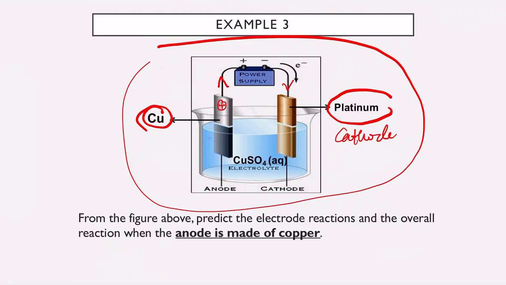So you have Cu2 plus and SO4 2 minus, and you have H2O molecules, right? So what will happen? Okay, what is the overall reaction when your anode is made of copper? So copper is a metal that is an active electrode. So what will happen?